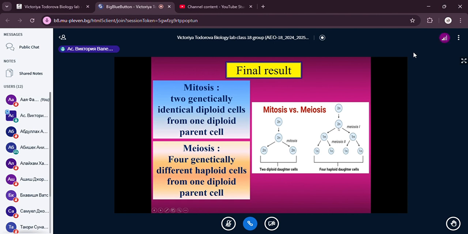At the end of the first meiotic division, we have 2 haploid cells. And at the end of the second meiotic division, we have 4 haploid daughter cells. This is important because this topic is in the synopsis and you can get it in the final exam.